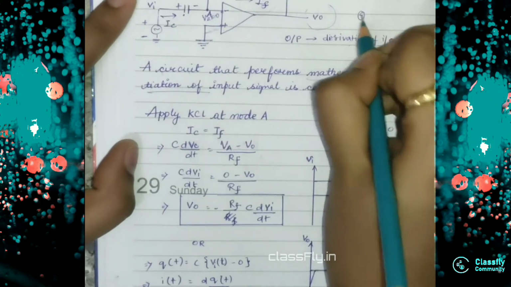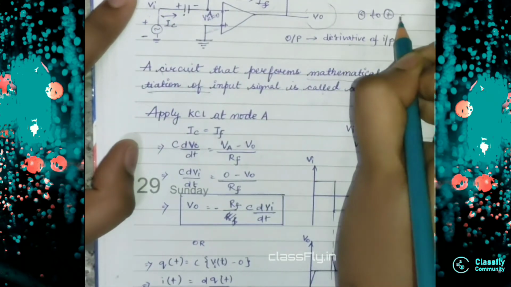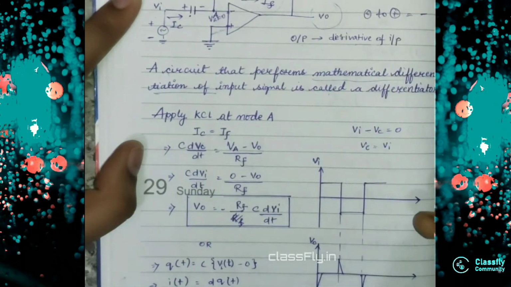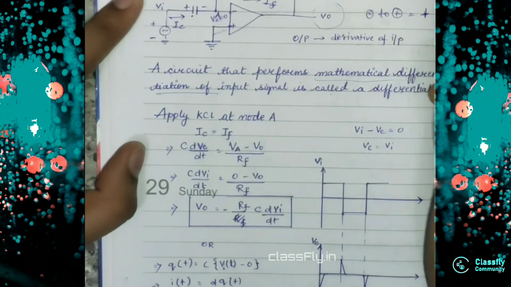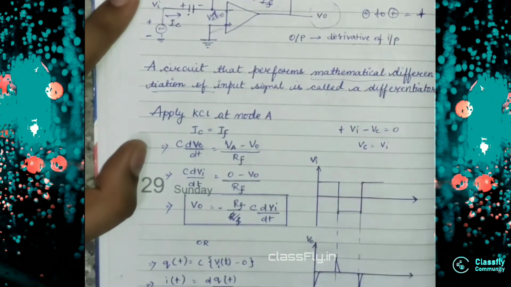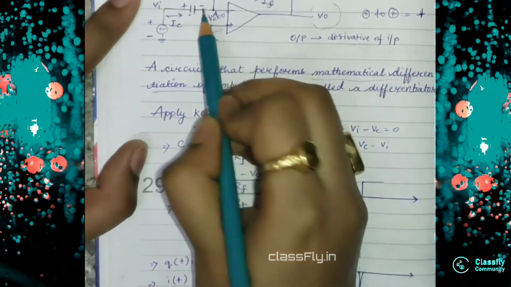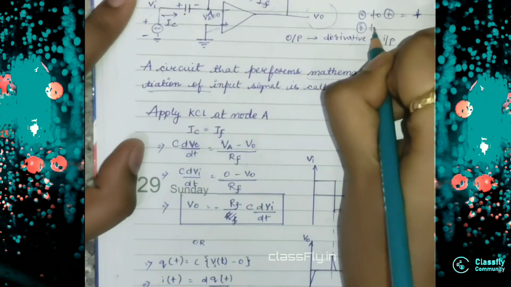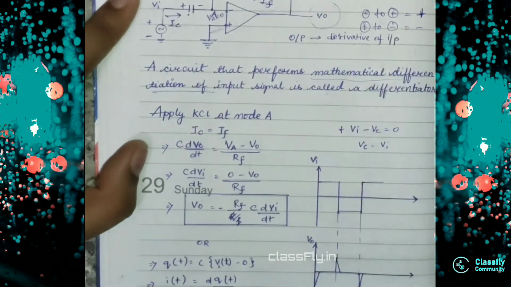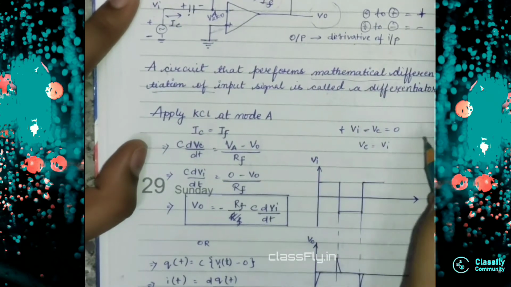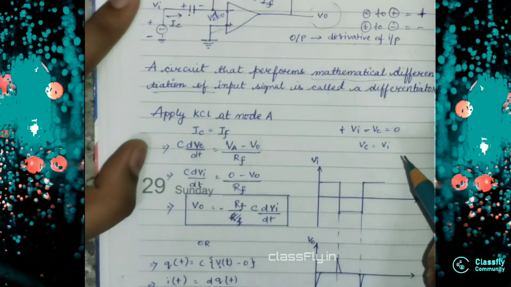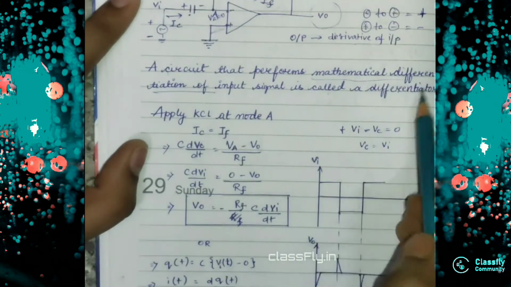So I know from minus to plus, it will be minus. It will be plus, sorry. It will be plus, so it is plus VI. And this is VC. So from positive to negative, I know it is negative. So it is minus VC equal to 0. So VC is equal to VI. Right? So I got this equation.